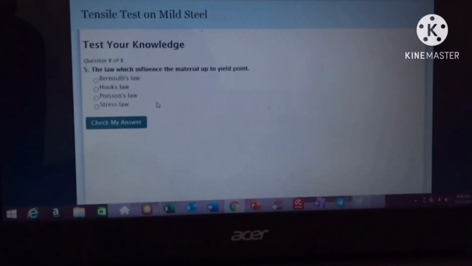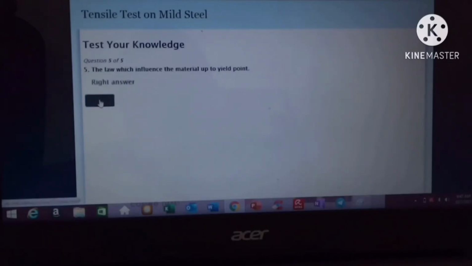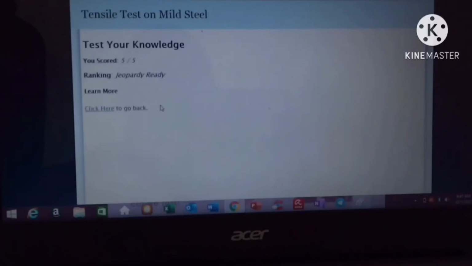Question 5. The law which influences the material up to yield point is Hooke's law. My score is 5/5.